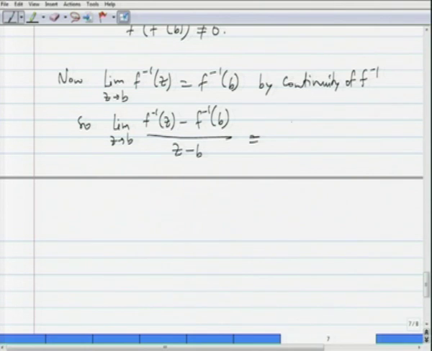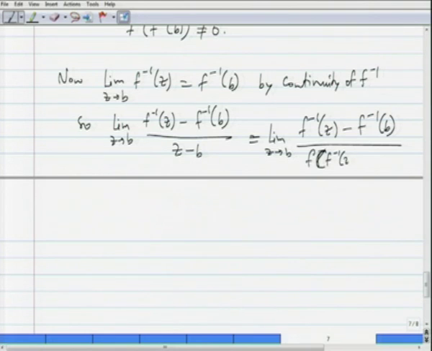So, this is equal to the limit as z goes to B of f inverse of z minus f inverse of B, preserving the numerator, and I am writing the denominator as f of f inverse of z minus f of f inverse of B.